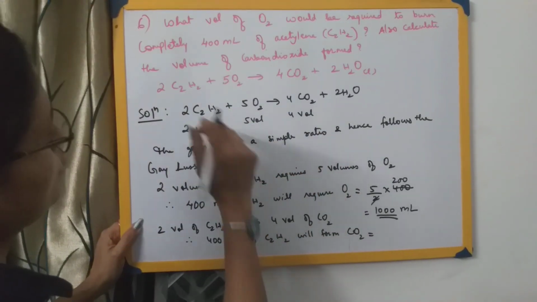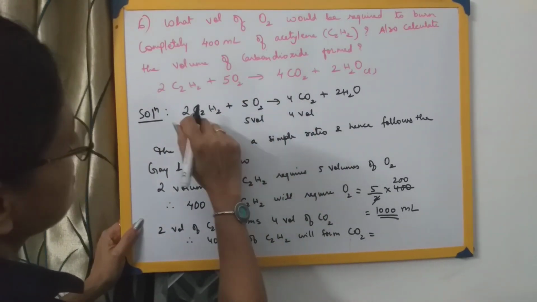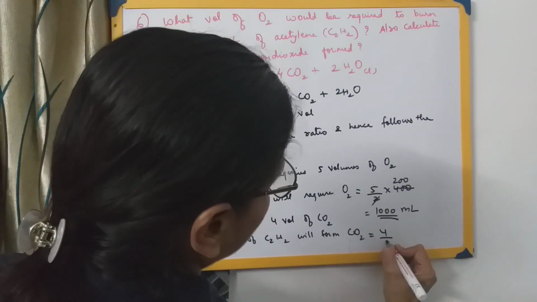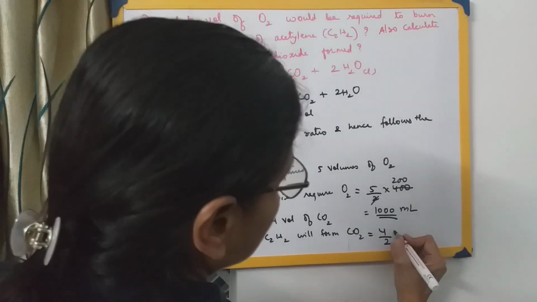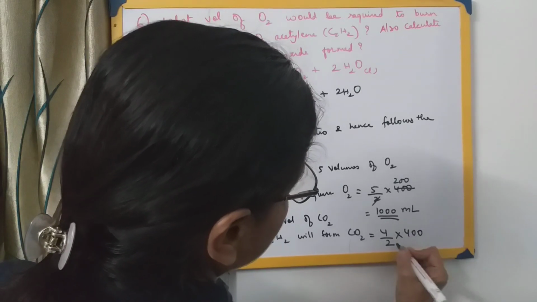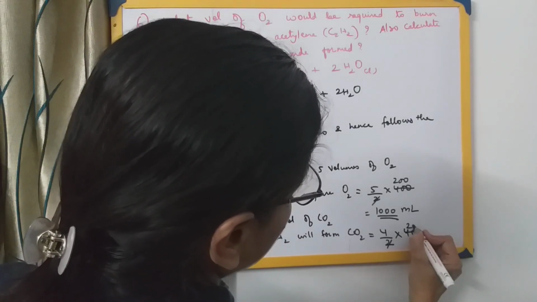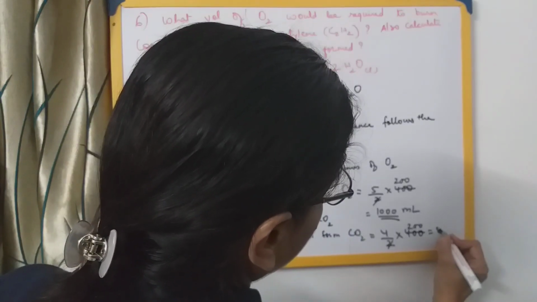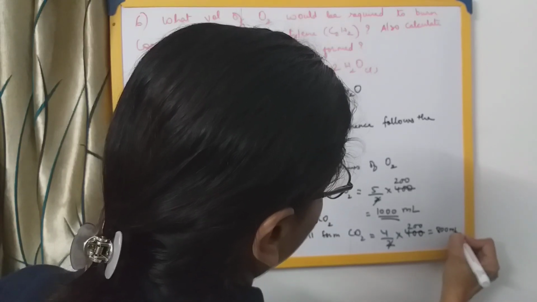This 4 by 2. We are considering this as well as this. So 4 by 2 into 400. So 2 ones are 2, 2 twos are 4. So that is 800 ml.